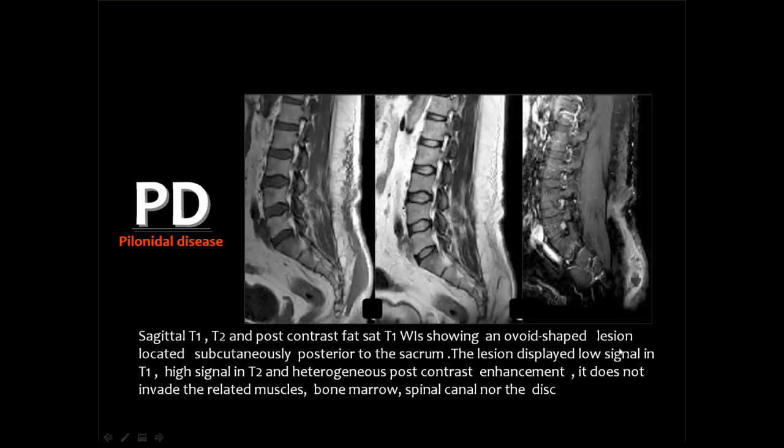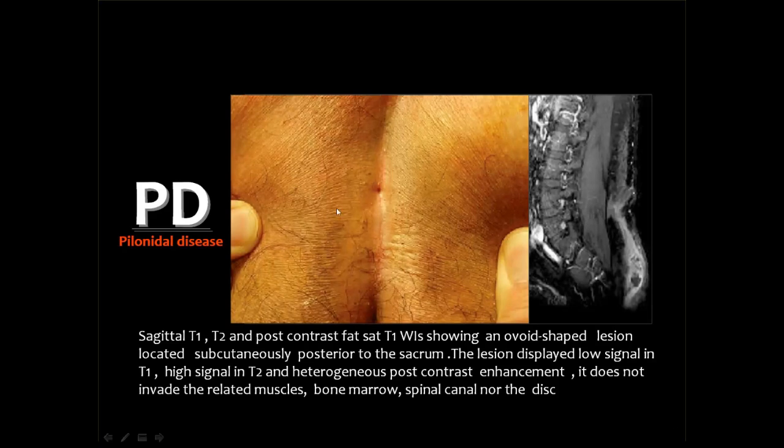And here you see an inflammatory collection with abscess formation along the back of the sacrum, and this is known as pilonidal disease. Low signal in the T1, high signal in the T2, and some pockets of marginal enhancement denoting the presence of abscesses, and this is the appearance of the patient.